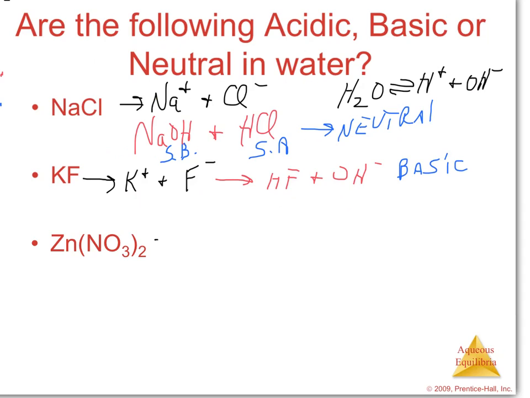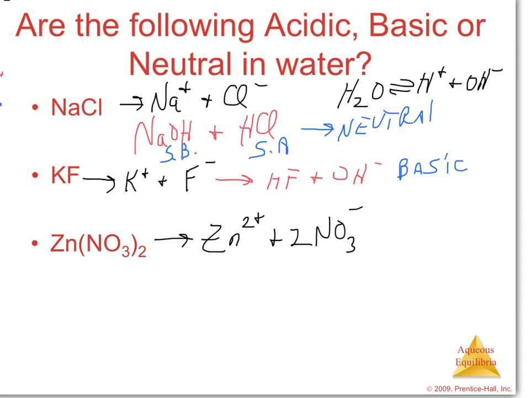Okay, so zinc. I take my zinc nitrate. Zinc goes to zinc 2 plus and 2 NO3 minus ions, and we're going to mix and match again. I'll have nitrate and H plus, which is going to be nitric acid, which is a strong acid, and I'm going to have zinc and hydroxide. Now that's a weak hydroxide, so that means it's not going to be completely dissociated.